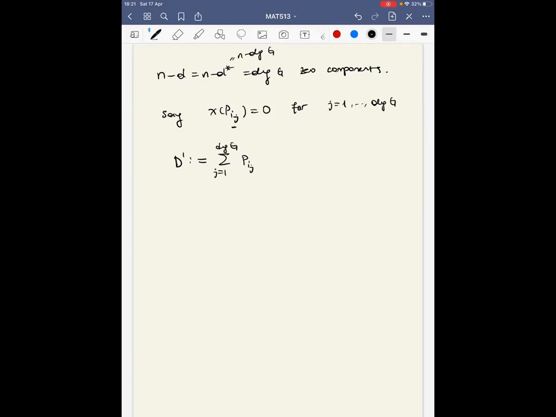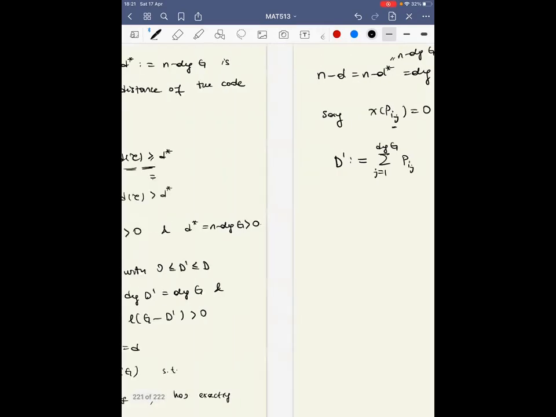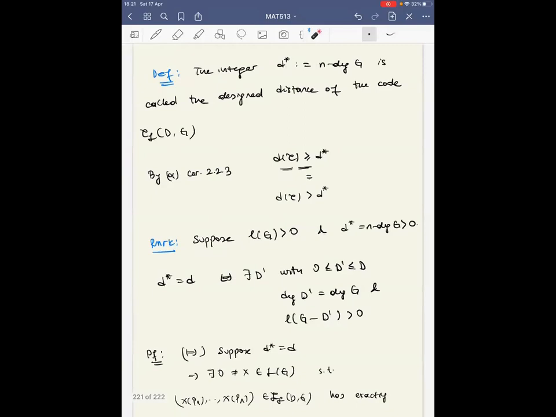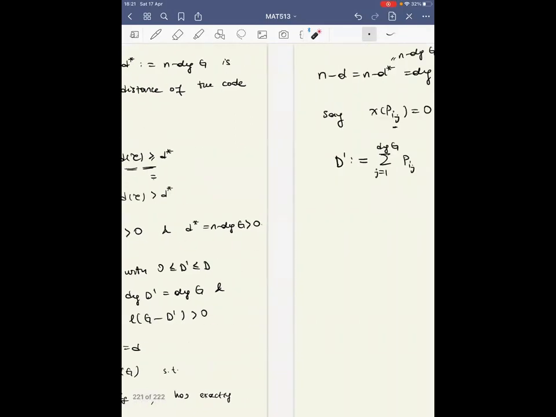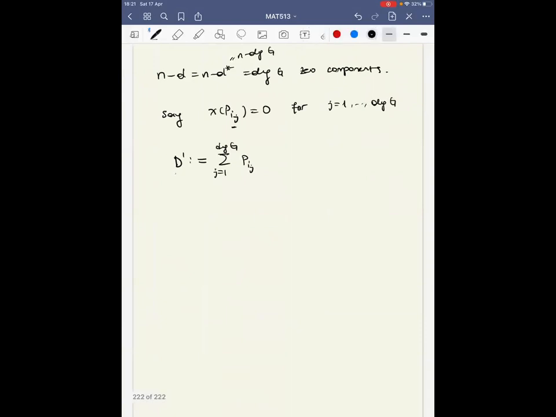And indeed, we will see that this D prime is the desired divisor, which has these properties. So first, by the setting, D prime is obviously effective because it has no negative term. And since all these places lie in the support of D, this shows us D prime is less than or equal to D.